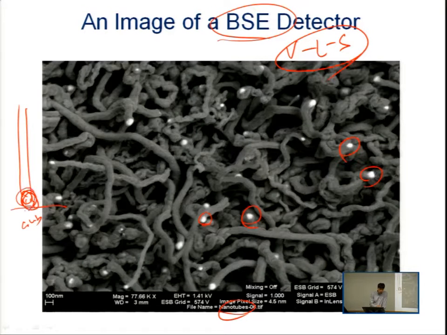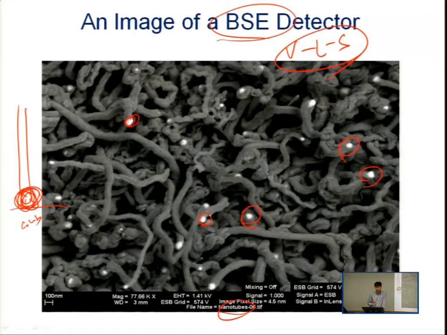When the catalyst remains at the end of the carbon nanotube, you can clearly get contrast using the backscattered electron detector.